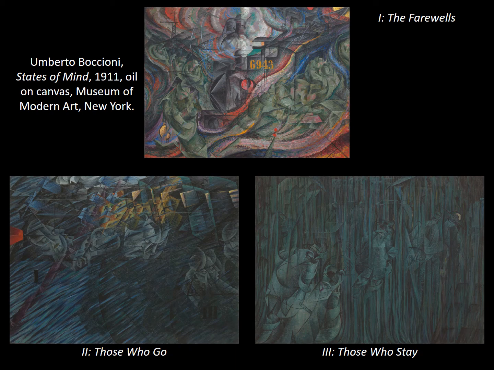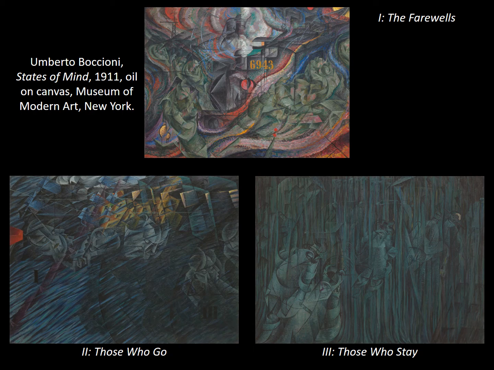We can see the numbers 6943 at the top, which are a reference to the numbers on a train. But whereas Boccioni thought that Cubism was, he called it, an image of death. He said it was like a dissection, like looking at something in a museum of natural history, like a diagram. The thought was that Futurism brought this sense of life to the work.